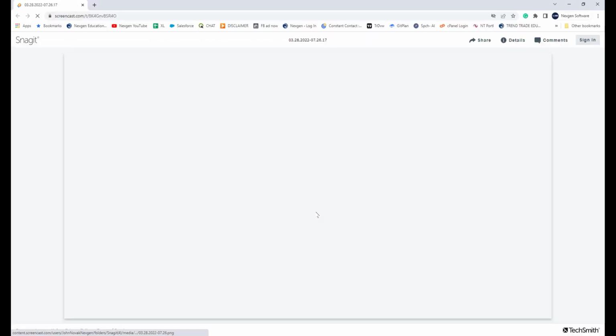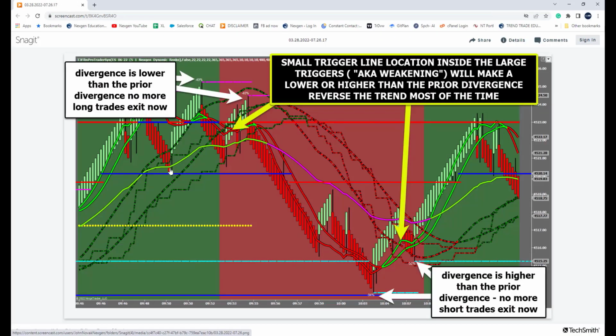So for example, if you're long and holding on for dear life, a second lower divergence is going to take you out of your trade. Or if you're short, a higher divergence, higher than the last, is going to take you out of your trade.